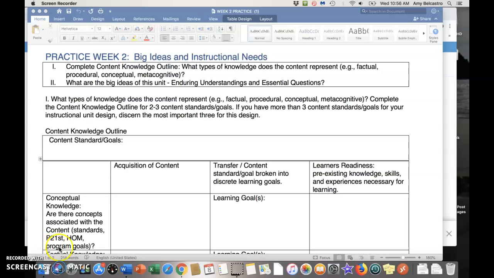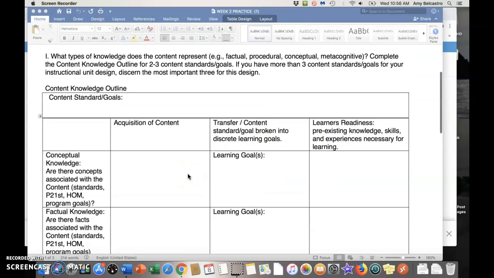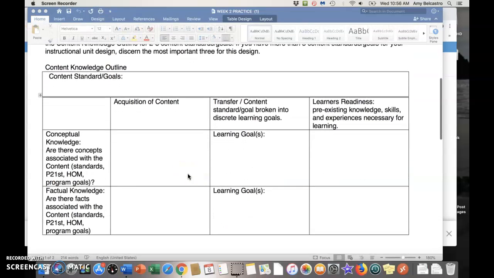So if you turn to page 37 in your textbook, you'll see an example that looks very much like this template here. You'll notice that in the example, they take a 9th grade English language arts standard as the focus of this unit. And I'm not asking you to do this separately for each standard individually, although that might be helpful depending on how many and what type of standards you choose.